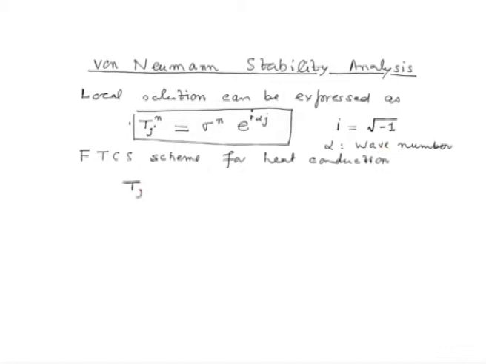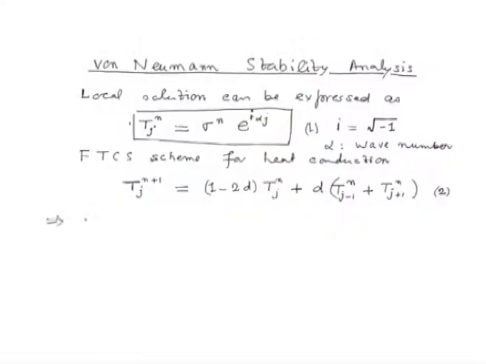So, we said T_j at n plus 1 was given by 1 minus 2d times T_j at n, plus d times T_j minus 1 at n plus T_j plus 1 at n. So, let us substitute in terms of this complex eigenvector for all these variables T_j.